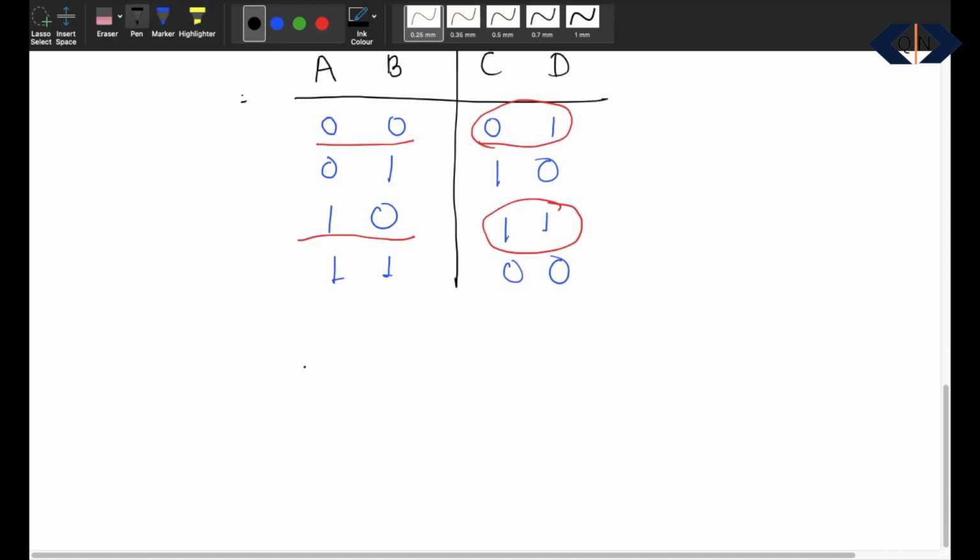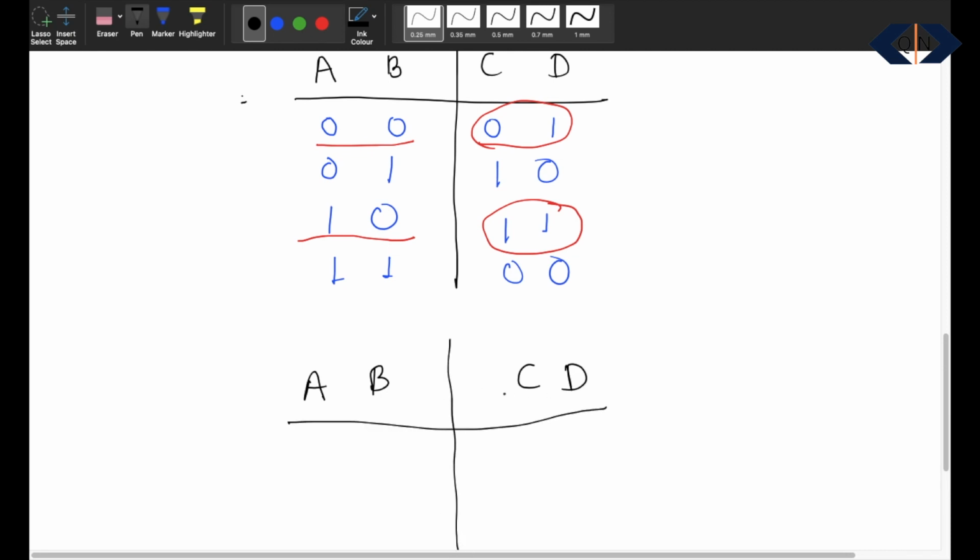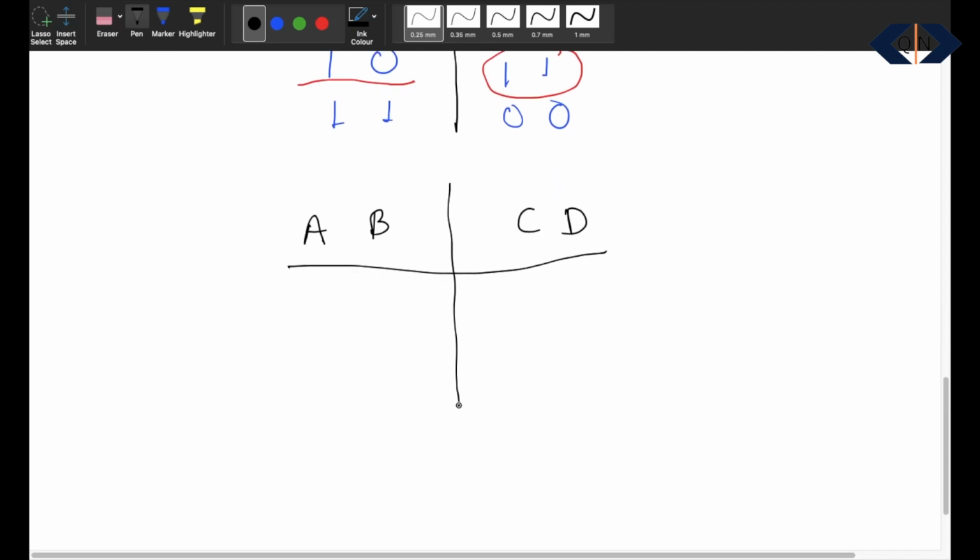So let's have A, B, C, D. Now, what if its input output configuration were like this: suppose A, B is 0, 0 and our output is coming as 0, 0. Got it?